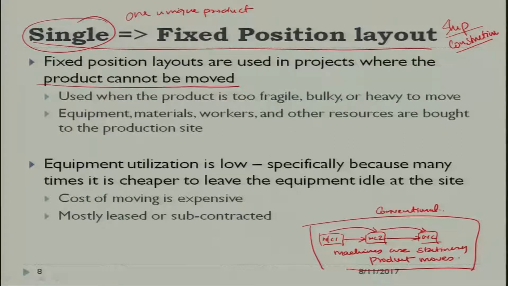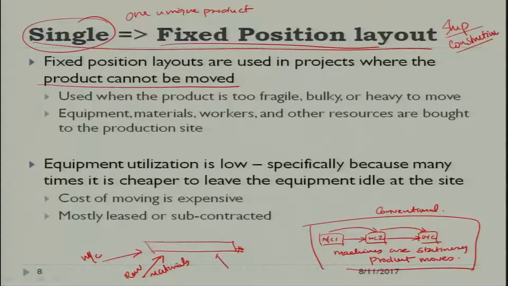Whereas a single or a fixed position layout, it is also known as a fixed position layout, because in that case the product does not move. So, the product will remain here. Let us say if you talk about a ship, the product remains here and the machines, raw materials, men, all of them move to the product.